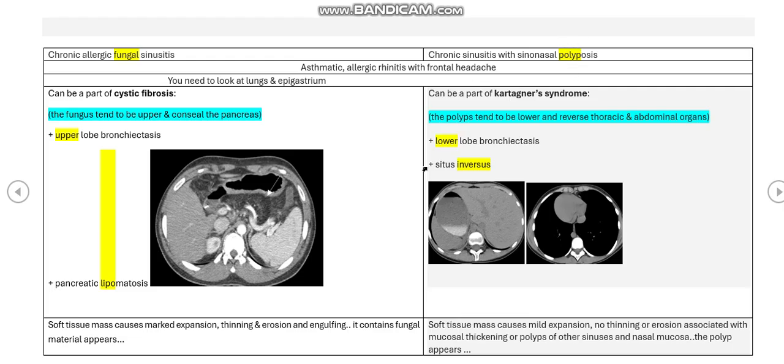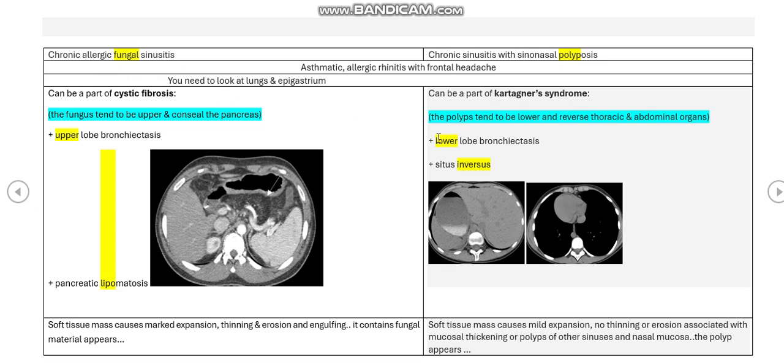Okay, and if you look at the epigastric area, you will see situs inversus, right-sided cardiac apex, right-sided aortic arch, right-sided spleen, left-sided liver. So, this is called Kartagener's syndrome. Okay, how to memorize?